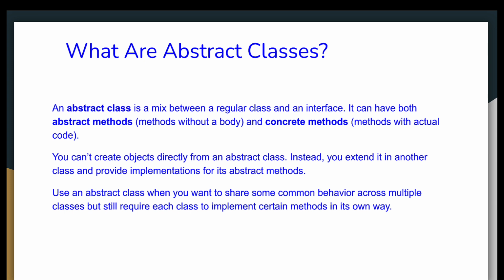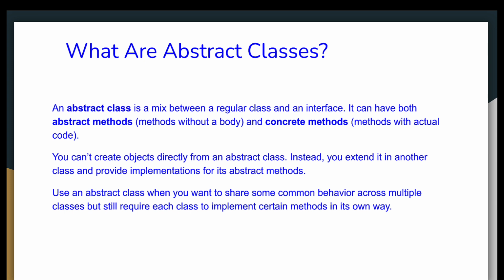Nowadays, interfaces can also have a few methods with implementation defined in them. You can't create objects directly from abstract classes. Instead, you extend it in another class and provide the implementation for its abstract methods.